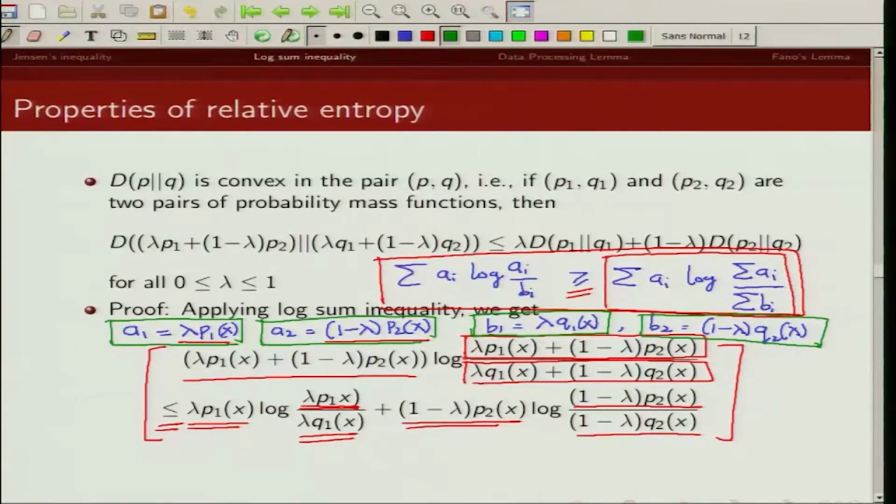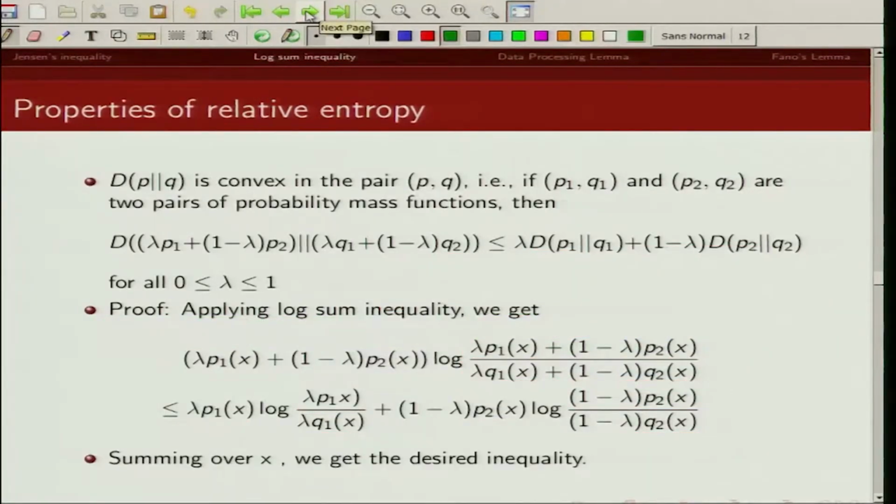So if I do this using the log sum inequality, I get this result. Now what is the next step? I sum it over all x. So what do I get here?